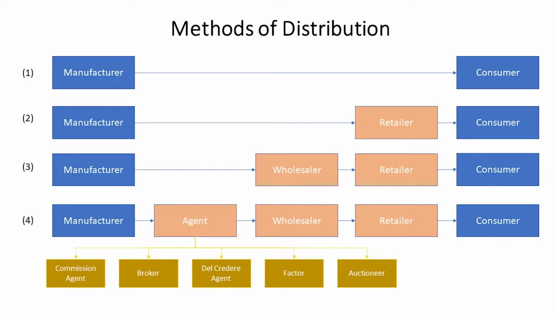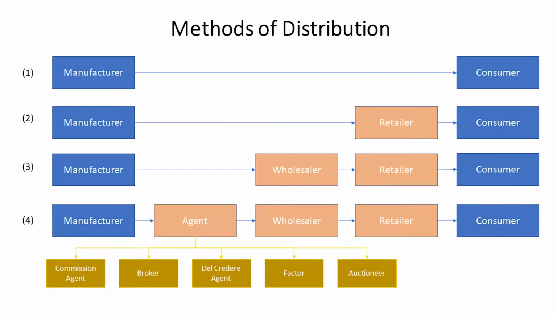So what happens here? The manufacturer gives the product to the wholesaler. The wholesaler is going to give it to the retailer, and the retailer will sell the product to the consumer.